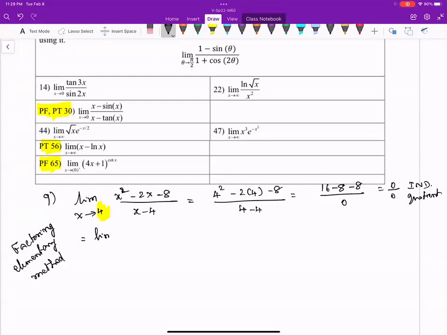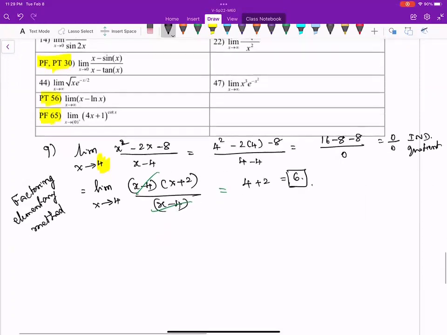So the limit as x approaching 4: the numerator can be written as x minus 4 times x plus 2, divided by x minus 4. You can cross these out, which is equal to 4 plus 2, which is equal to 6. Now, the answer turns out to be 6.